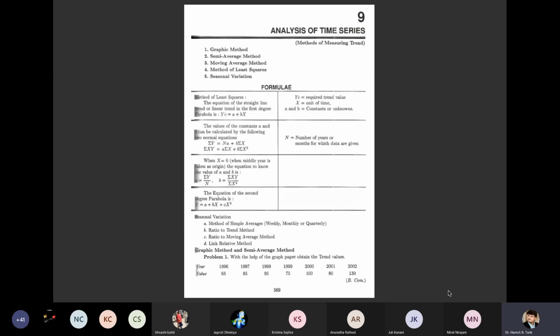Some values are given to you: 1996, 1997, 98, 99, 2000, 2001, and 2002. And the values given are 65, 85, 95, 75, 100, 80, and 130. What should be done to solve it with a graphical method?